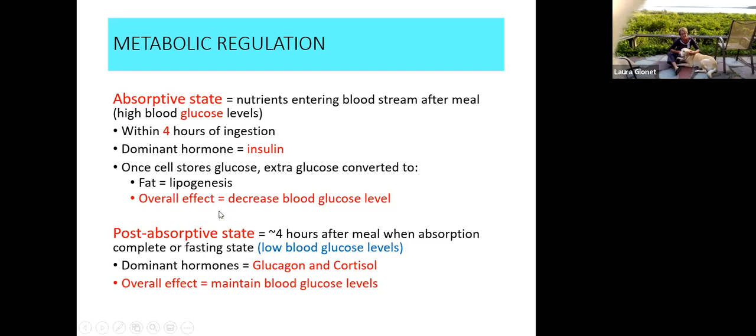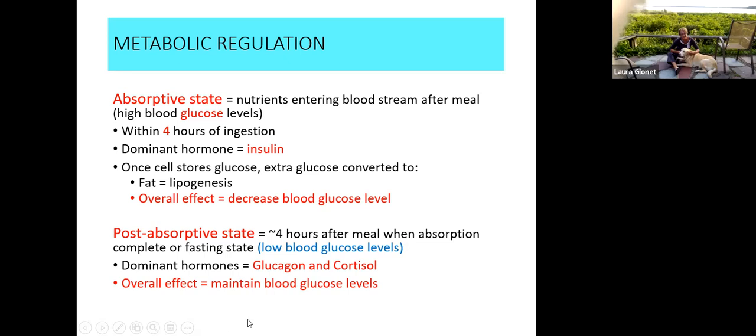So we have what's called lipogenesis, the creation of fat. And then the overall effect will be to decrease your blood glucose levels. Insulin, higher than normal blood glucose levels: store it all, stimulate the conversion to fat, decrease blood glucose levels.